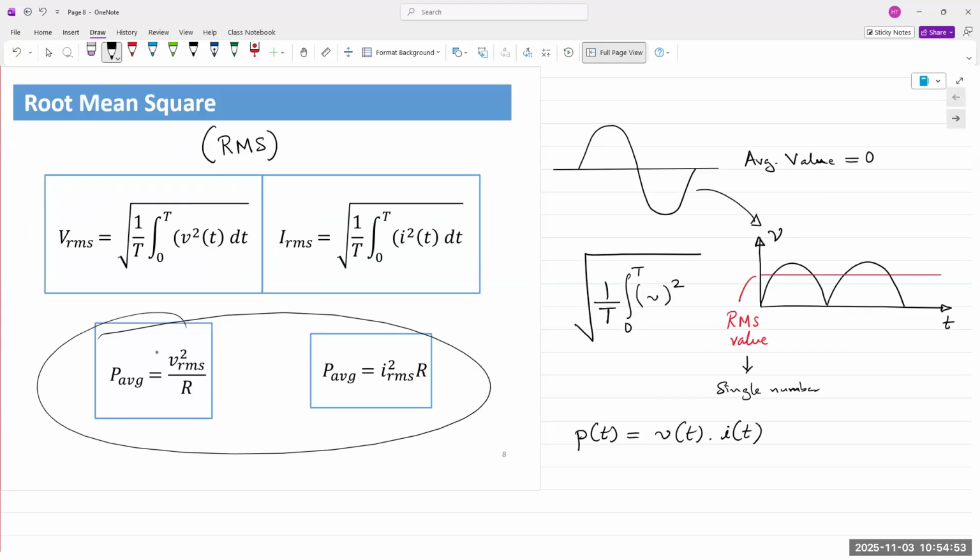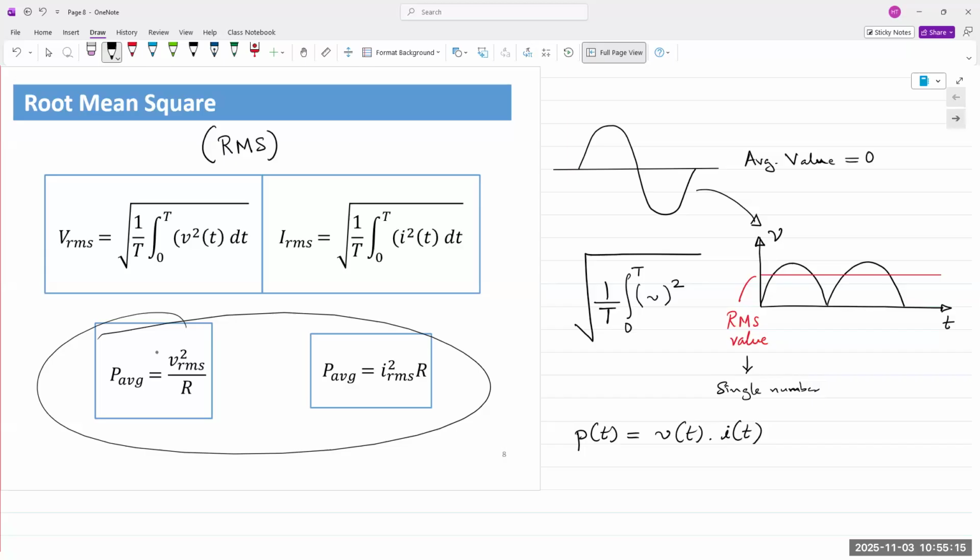If you remember chapter 1, electrical power is the product of voltage and current. That still holds true. So even for AC analysis, if you wish to find the instantaneous power at any given point in time, then you simply multiply the voltage at that point in time by the current. So P of t is V of t times I of t.